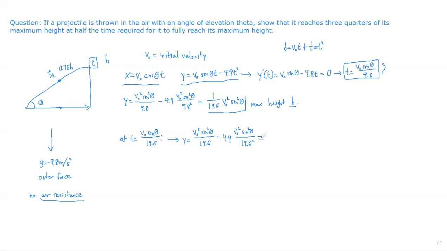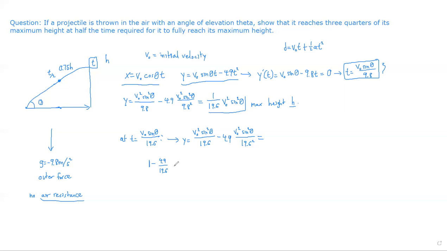And when you simplify this out, I'm going to do this slowly. So let's do some math over here. You have v naught squared sine squared theta over 19.6 in each term. So you can factor out a 1 here, and here you can factor out a 4.9 over 19.6.